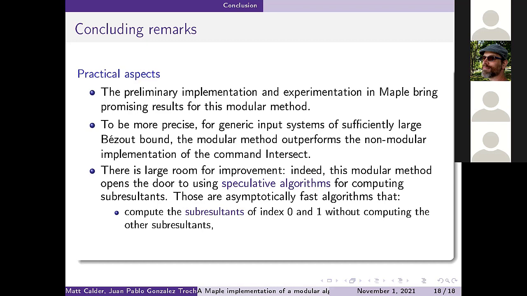Then after that, we get the coefficients of our polynomials, but we're seeing our polynomials as polynomials in the variables x and y. So what we are interpolating here is always polynomials in the variable z, and for this we rely basically on the interpolate command of the MODPN library.